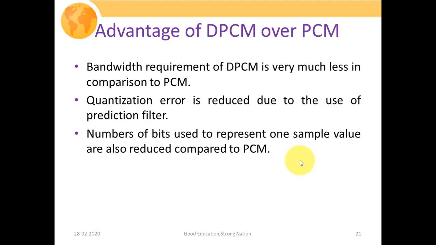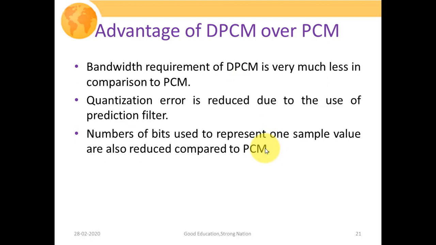If we have to map a larger number of amplitude levels, the bit requirement will be higher, and if we have to encode lower amplitude levels, the bit requirement will be much lower. So the first advantage and the third advantage are analogous to each other.